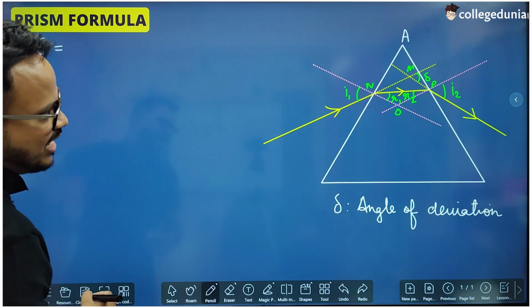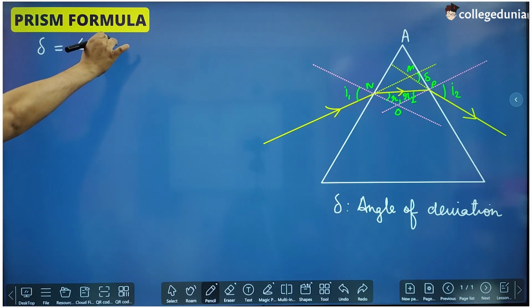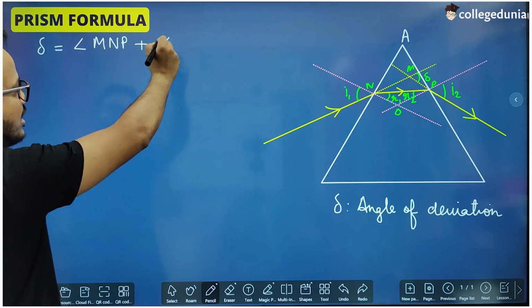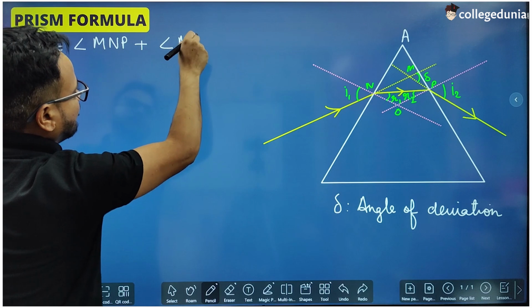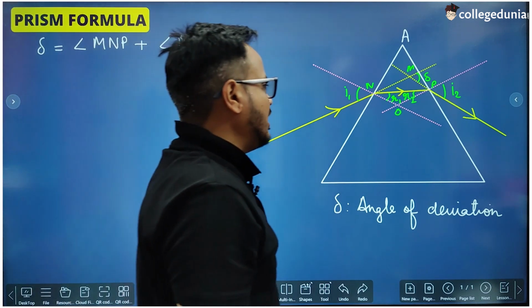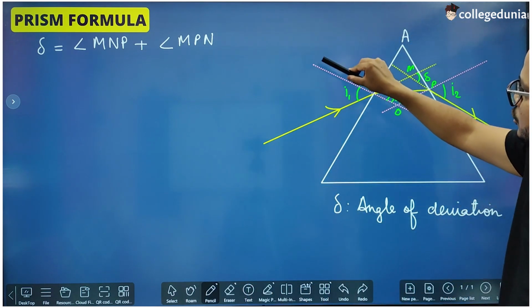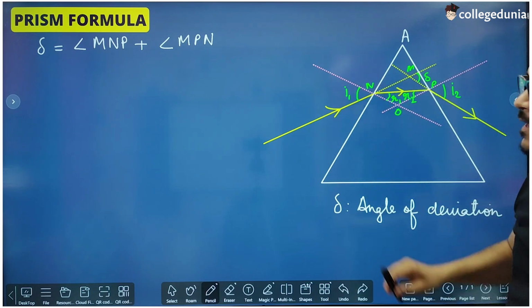So delta is the sum of angle MNP plus angle MPN. Since vertically opposite angles are equal, these angles are equal, right?